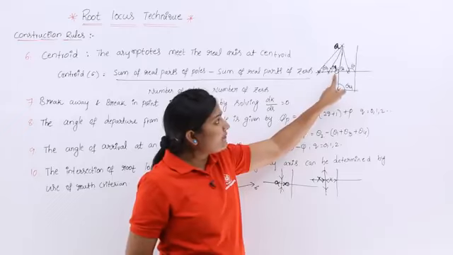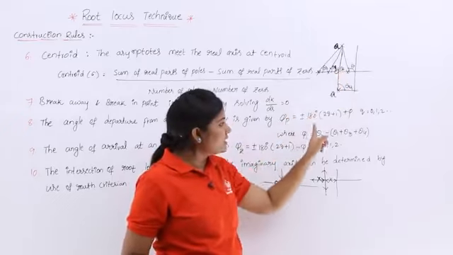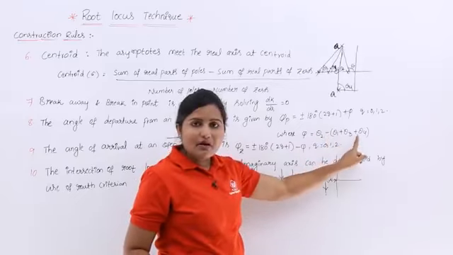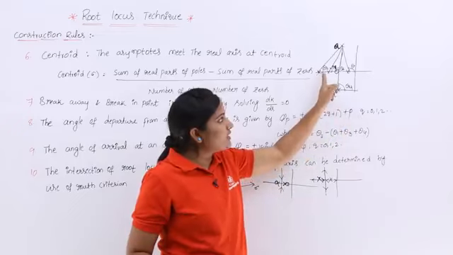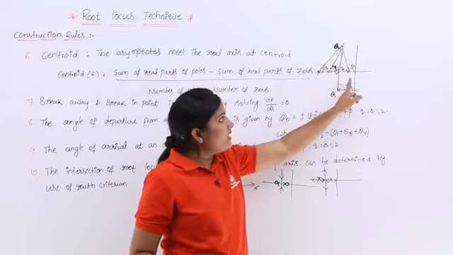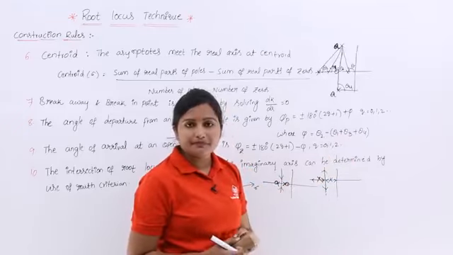Here, as I am having only one 0, the angle created with 0 is theta 2, minus the sum of angles created with the remaining poles, which is theta 3, theta 1 and here theta 4. I am going to consider like this.